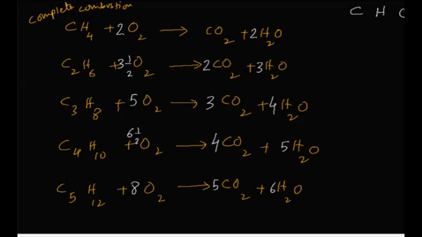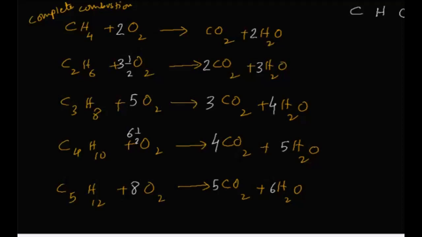So if you add 1.5, you will get 3.5. 3.5 plus 1.5, 5, then add 1.5, 6.5, and then 1.5, 8. So if you have a sequence of alkanes, the number of moles of oxygen are adding in 1.5. So if you add 1.5 moles of oxygen, you will get the next.